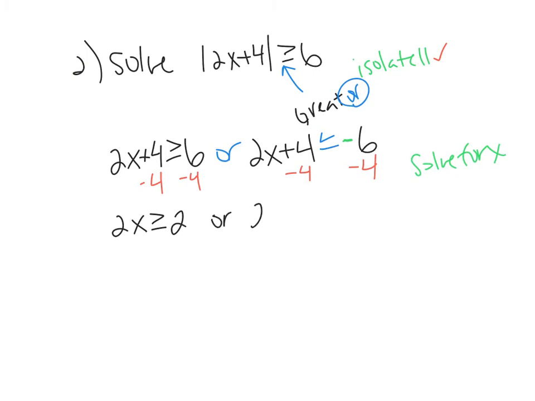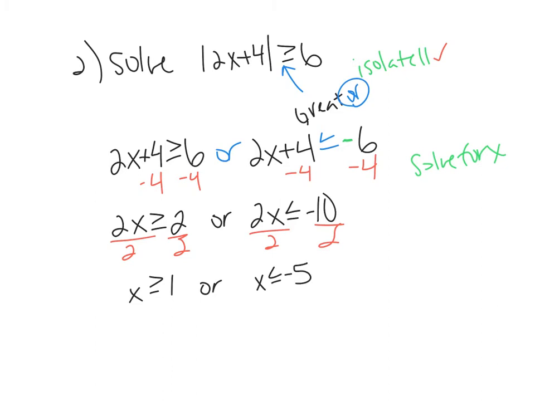Or 2x less than or equal to negative 6 minus 4, which is negative 10. And 2 times x, the inverse operation is to divide by 2. So x is greater than or equal to 2 divided by 2, which is 1. Or negative 10 divided by 2 is negative 5.